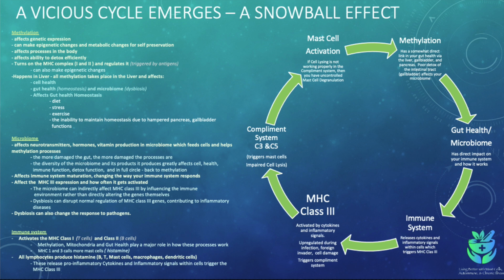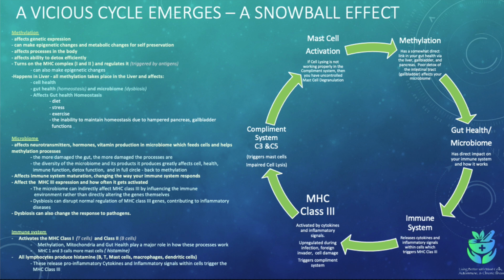It affects immune system maturation, changing the way your immune system responds. It also affects major histocompatibility class 3 expression and how often it gets activated. The microbiome can indirectly affect class 3 by influencing the immune environment rather than directly altering the genes themselves.